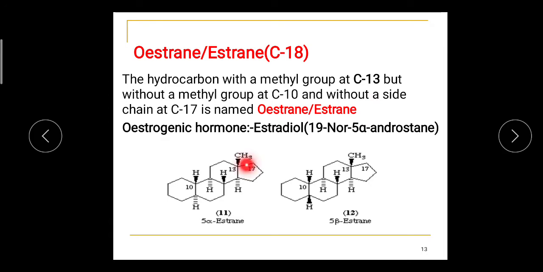The methyl group present at C13 is the number 18 methyl group, and there is an absence of the methyl group at carbon number 10 and also no side chain. This nucleus is called estrane. For example, it is present in the estrogenic hormone like estradiol.